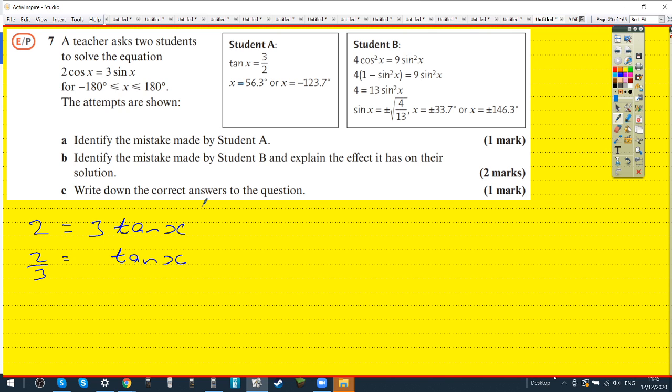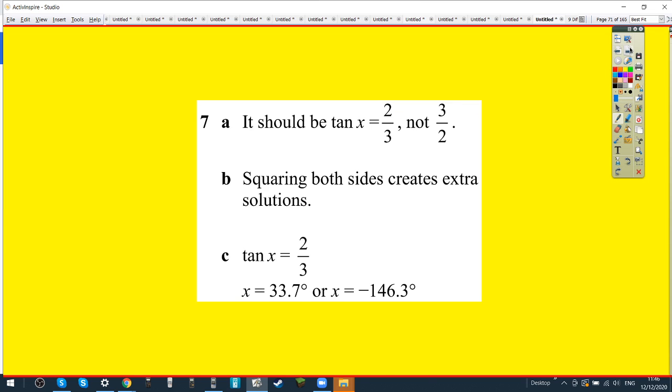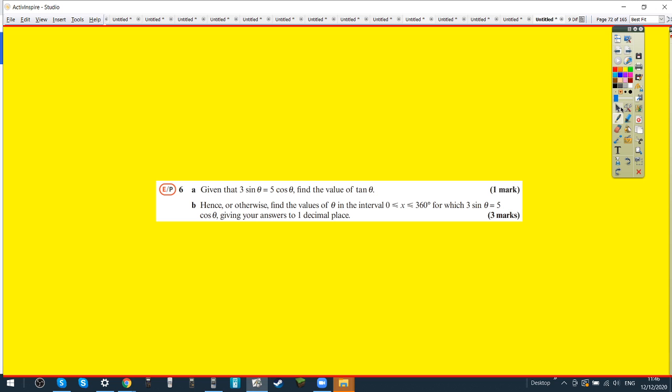He squared both sides, I think, and then he used trig identities. So sine squared x is equal to 1 minus cos squared x. Cos squared x is equal to 1 minus sine squared x. At the end, he had plus or minus this, plus or minus this. You're not supposed to keep all the positives and negatives. You have to actually say what quadrant it's in. I'm not even going to mess around with that. You're okay for getting the answers.